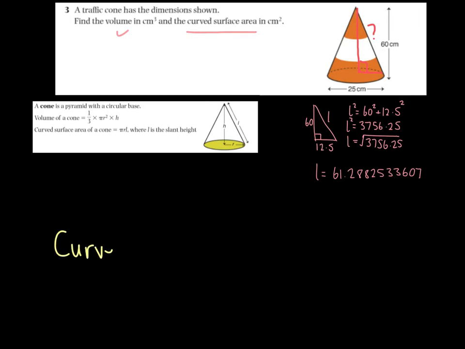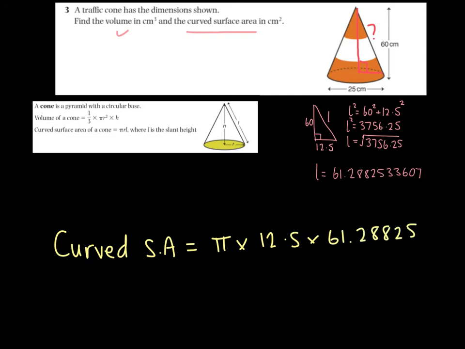So a curved surface area, or curved SA, is going to be pi times the radius, which is 12.5, multiplied by that slant height, which is 61.28825333607.